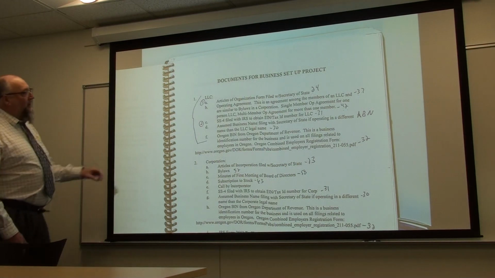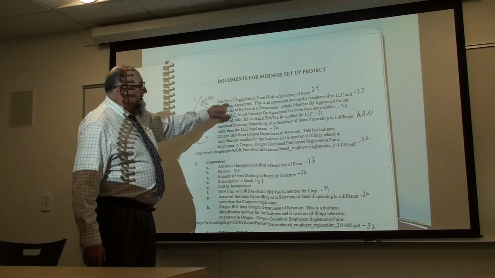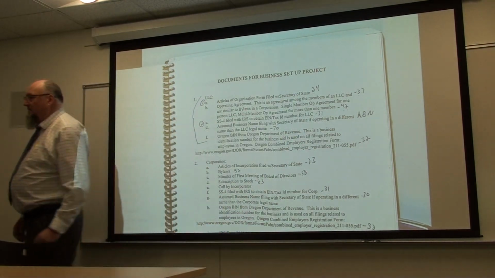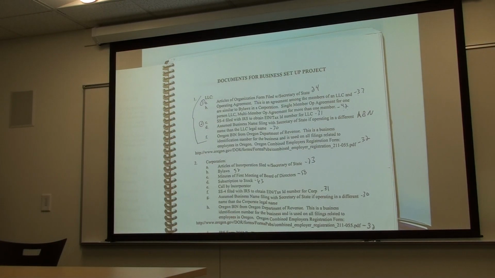So right now we're talking about this form, Articles of Organization, which is on page 24. All right, so here's where we'll find that on the computer, Oregon Business Registration Form, and that's where we're going to find if we're going to be a corporation, a business corporation, nonprofit corporation, a professional corporation.